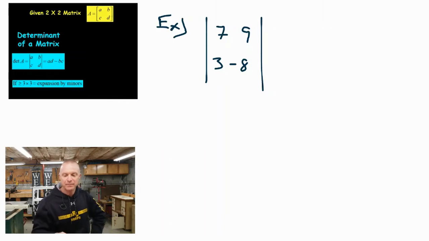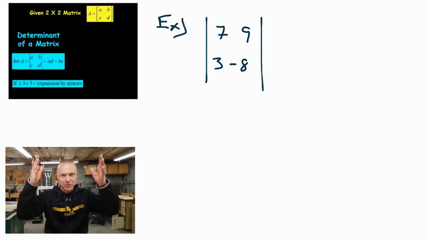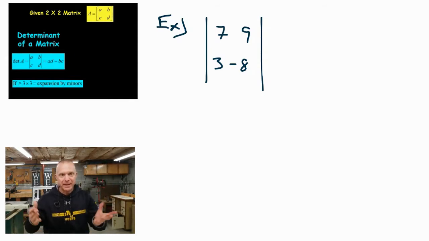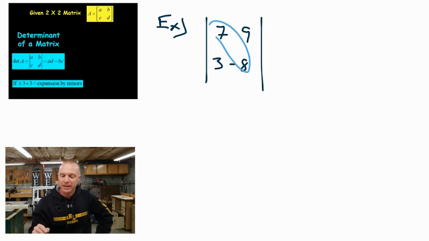Sure. Here's a 2 by 2 matrix. It's got 7, 9, 3, and -8. Now you'll notice that we have just those straight bars around it. That implies determinant. And of course, to find the determinant, all we got to do is multiply the numbers in the primary diagonal. So when we multiply those numbers, obviously we're going to get -56.